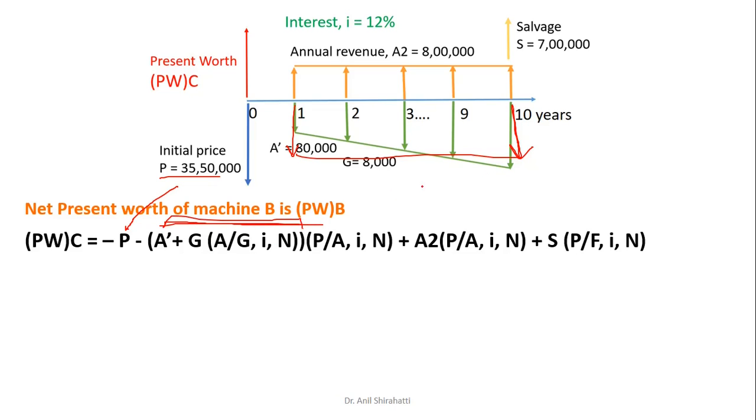This part is the A that I am finding, converting this A dash gradient series into a constant annuity series, and then I will multiply with this second parameter to get this series moved to the zeroth position, and this will be your regular step.